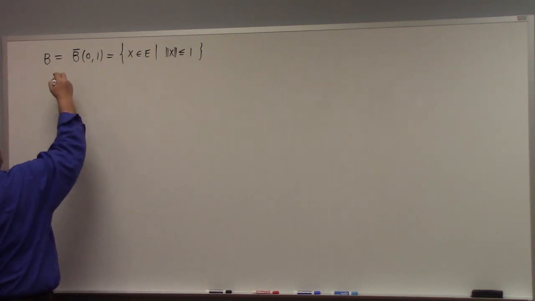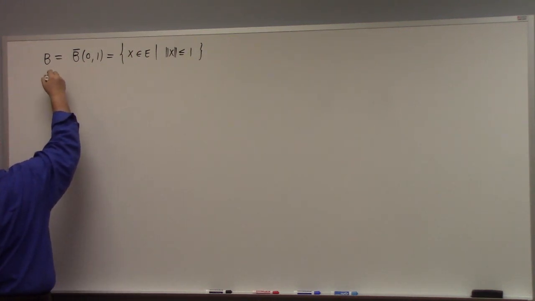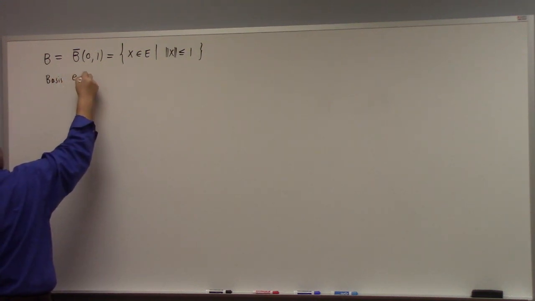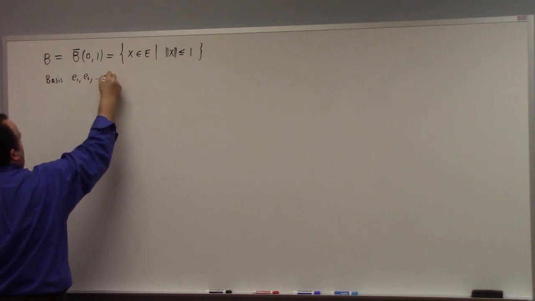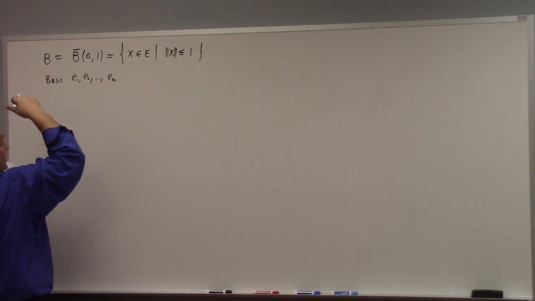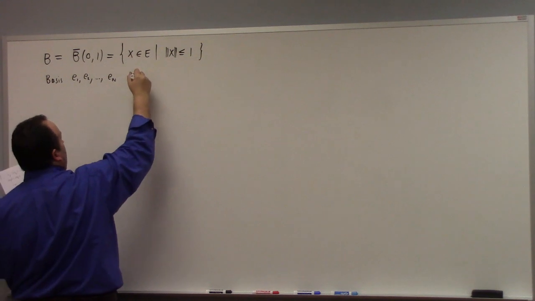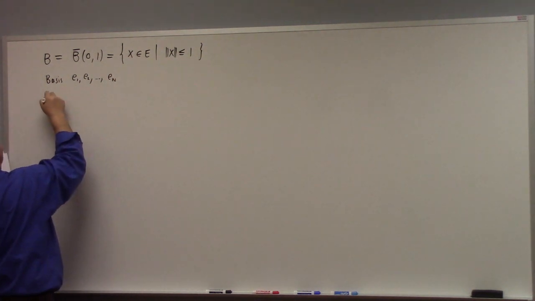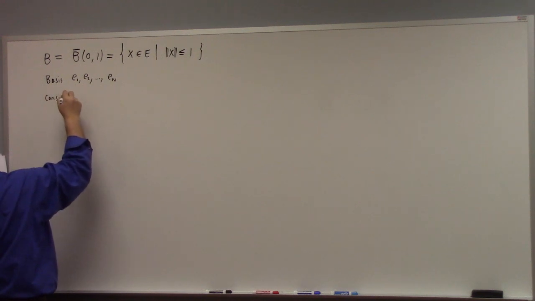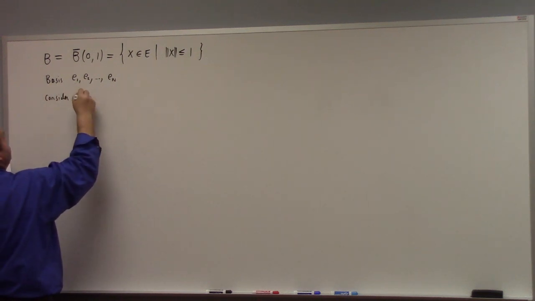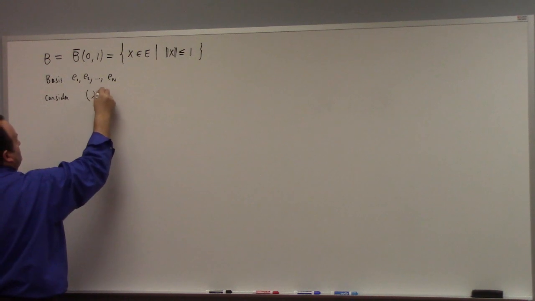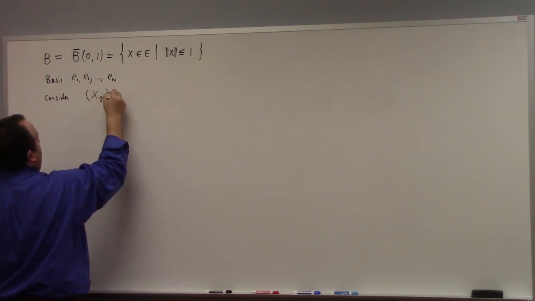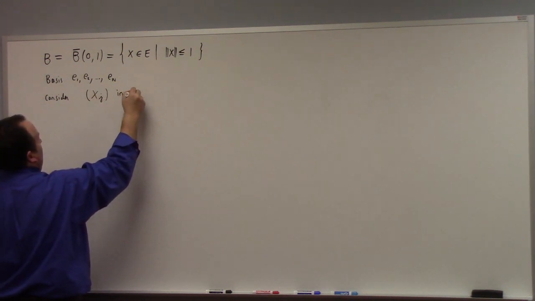The norm, remember, is here. He's got a basis E1, E2, ... En. So let's consider a sequence in the unit ball.